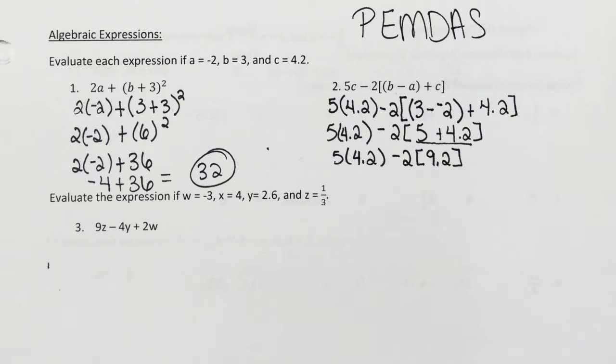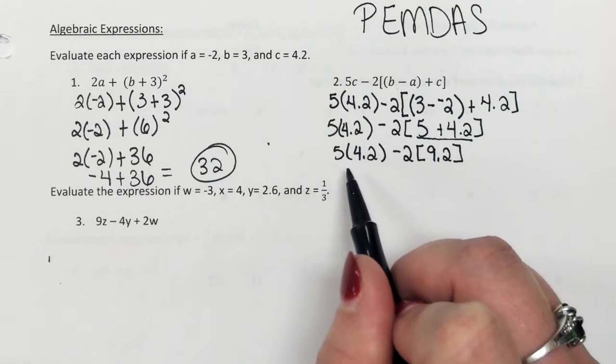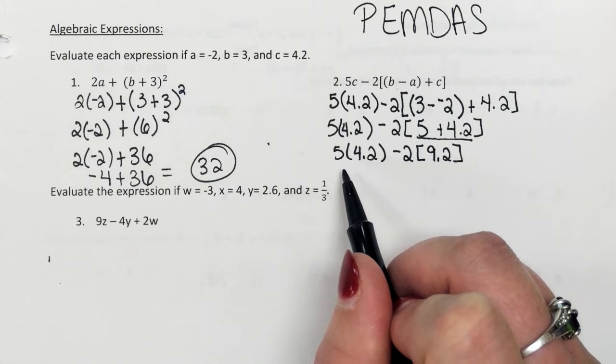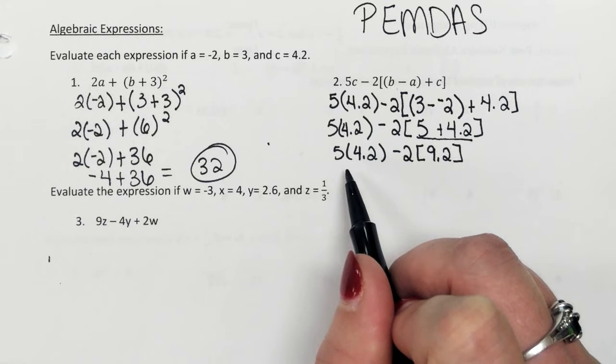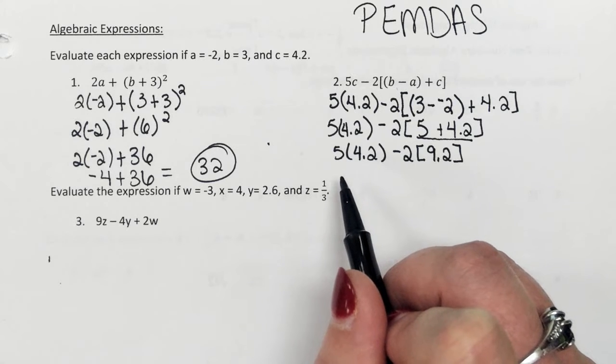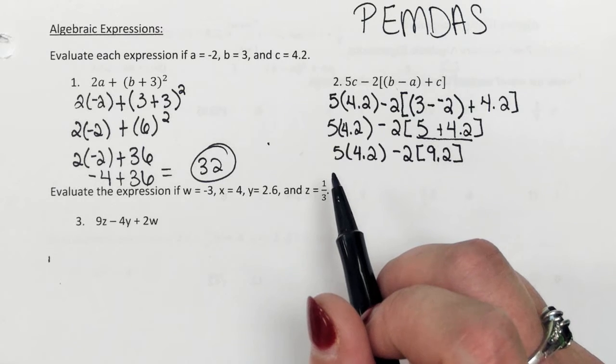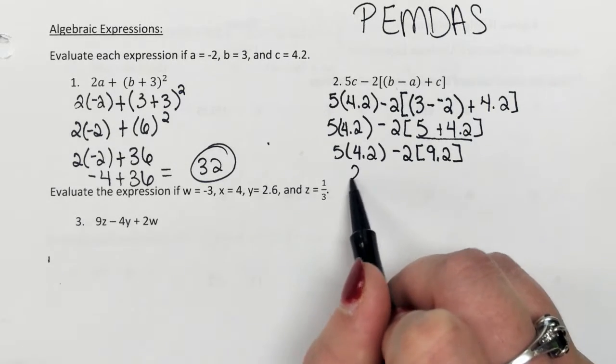All right, you see any exponents? No? You see any multiplication? Yeah? What you see? All right, what's 5 times 4.2? How much? 20, 21? Very good.